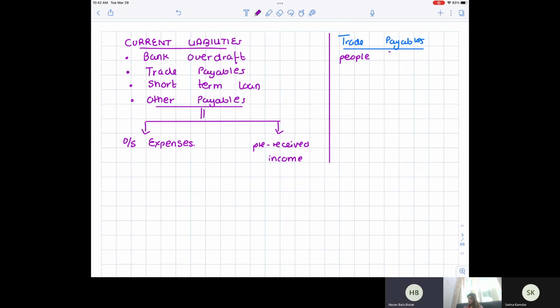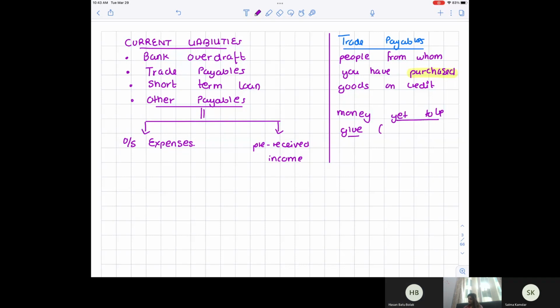People from whom we have purchased goods on credit, and money is yet to be given, or yet to be paid.